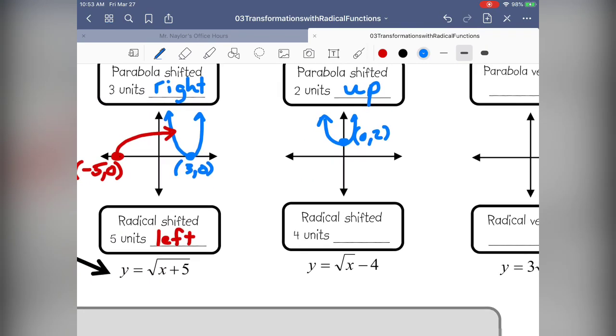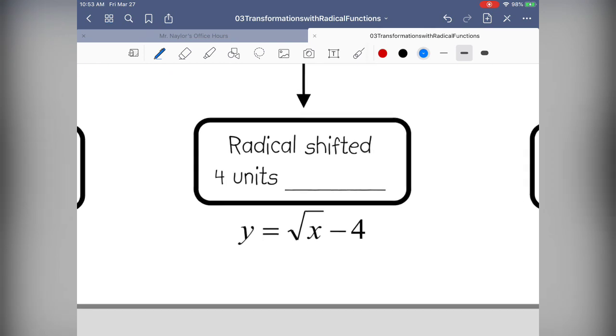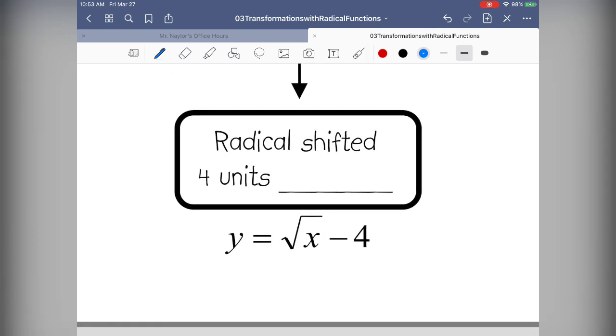So what's it going to look like for a radical equation that has a number on the outside? Well, in this case, the square root of x with a minus 4, notice that that minus 4 is on the outside of the square root. By the way, if the square root bar had been longer, then we would say it's on the inside. But since it's on the outside, this is going to be a vertical shift down 4 units.